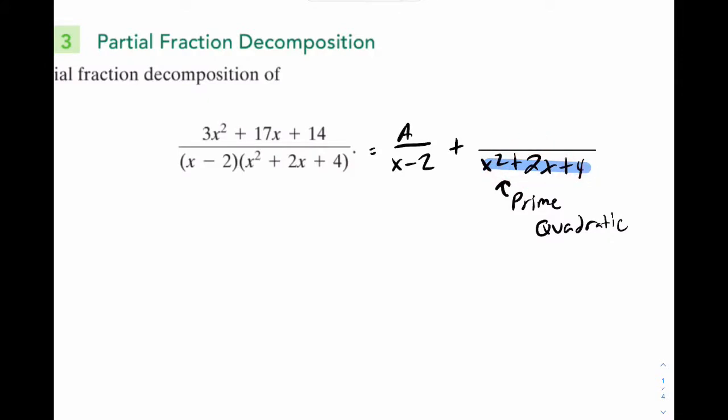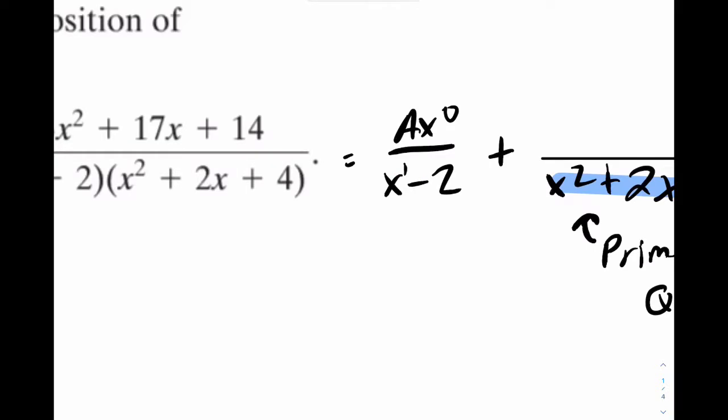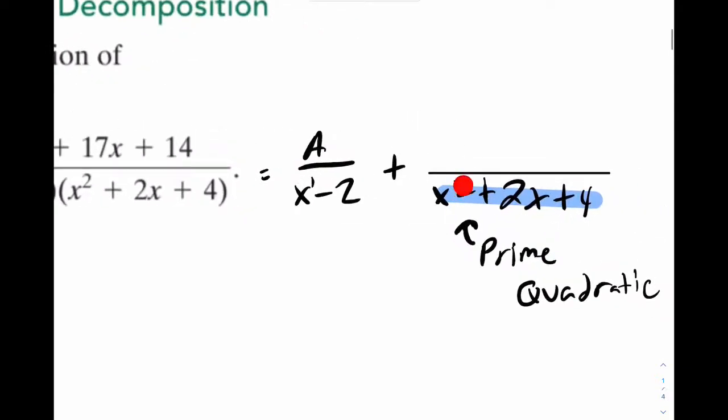Now the way it works is, for this one we put A over x minus 2. So essentially we drop 1 degree down. If this is like x to the 1 power, on the top you go 1 degree down. So it's Ax to the 0, meaning we don't really put an x here. For this one, if it's x squared, we're going to go 1 degree down.